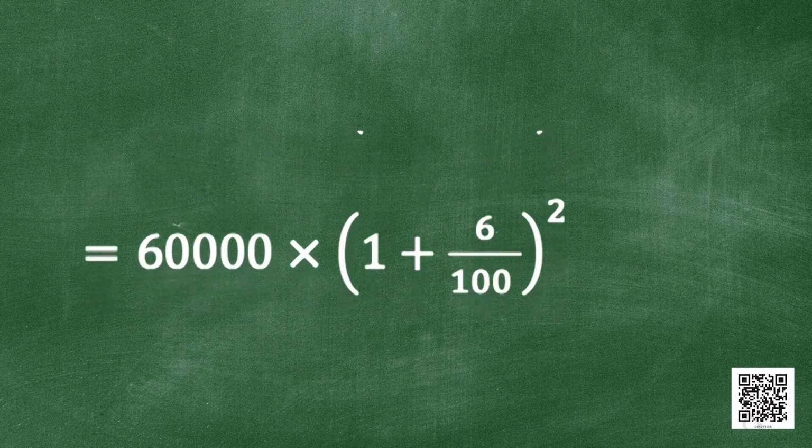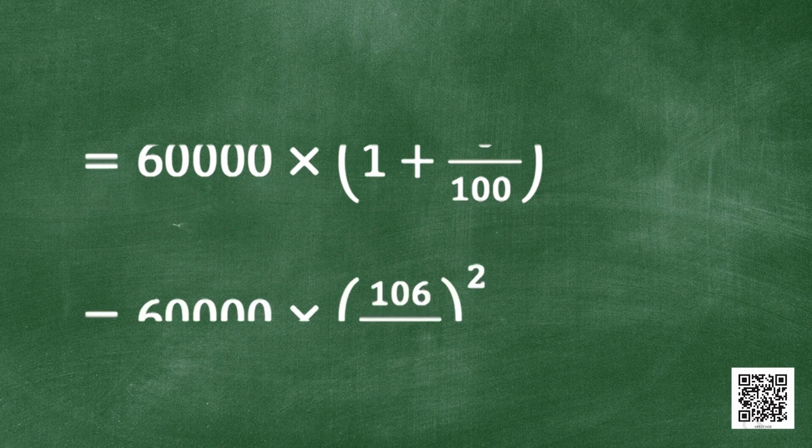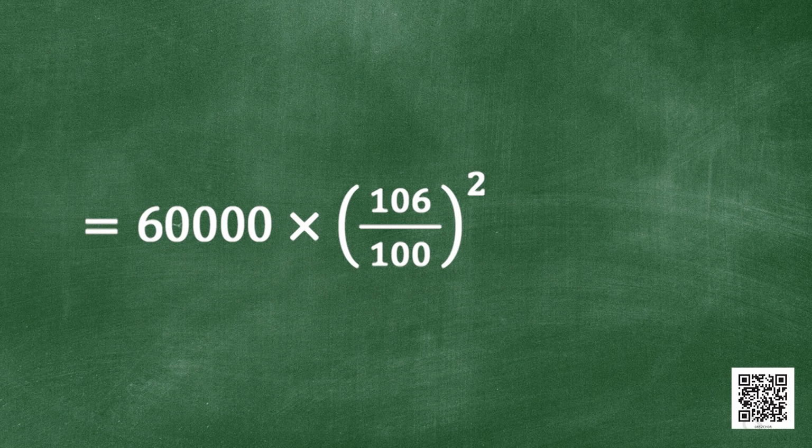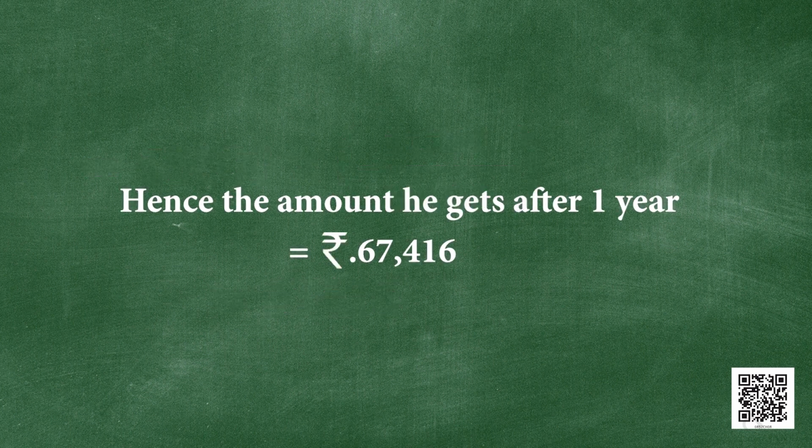That is equal to 60,000 times (1 plus 6 by 100) whole to the power of 2, that is equal to 60,000 times (106 by 100) whole to the power of 2, that is equal to 60,000 times 11,236 divided by 10,000. So, upon simplifying these terms, we get 67,416. Hence, the amount he gets after 1 year is rupees 67,416.